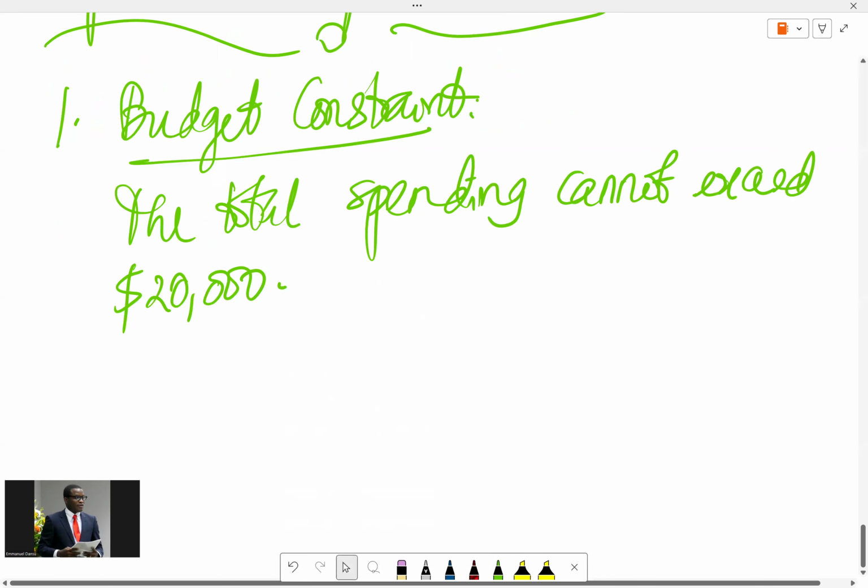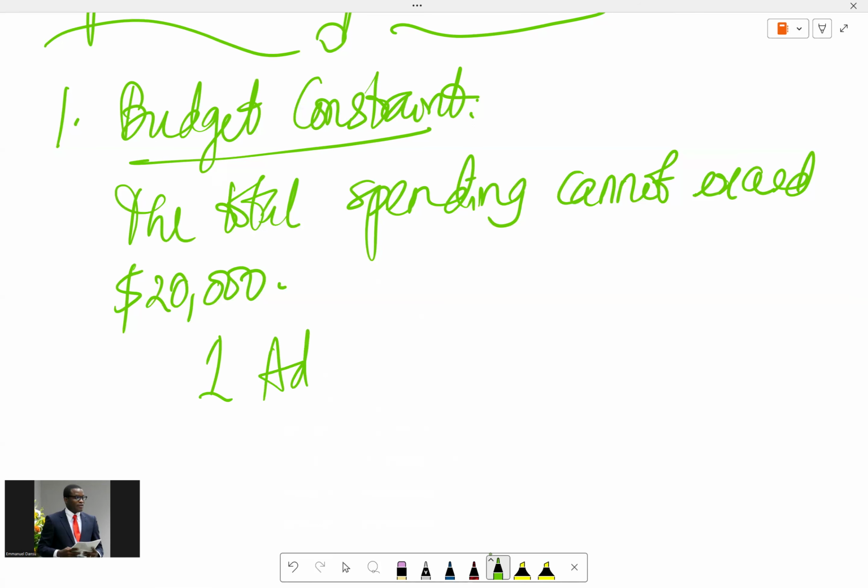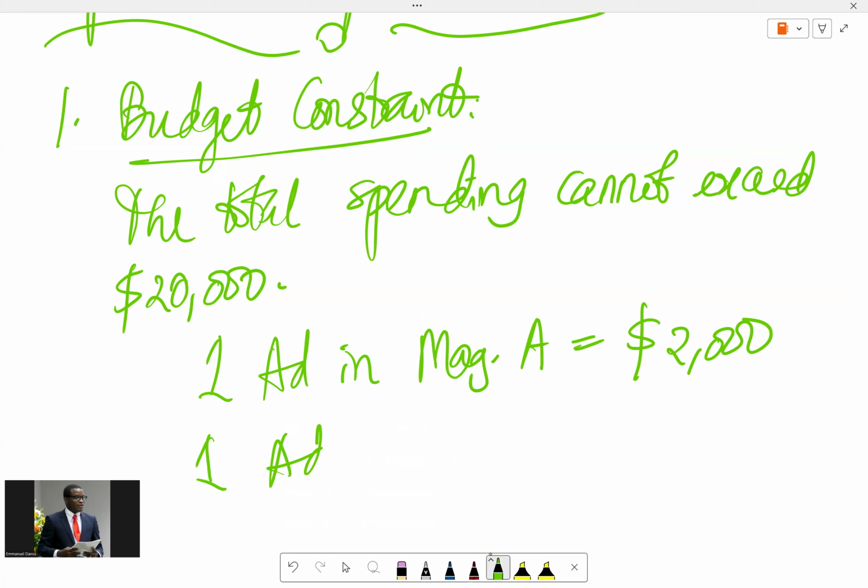Each advertisement, let's say one ad in Mag A, costs $2,000, and one ad in Mag B costs $3,000.